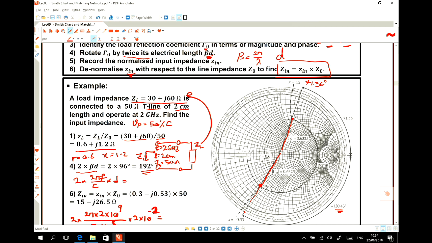And if we say that Z equals R plus jX, we call this impedance, this is resistance, and this is reactance. Okay. This is our definition.